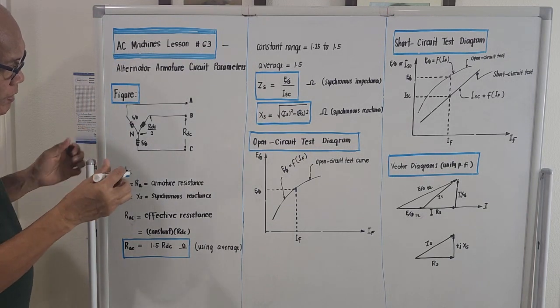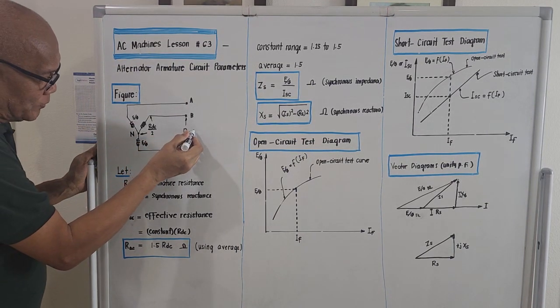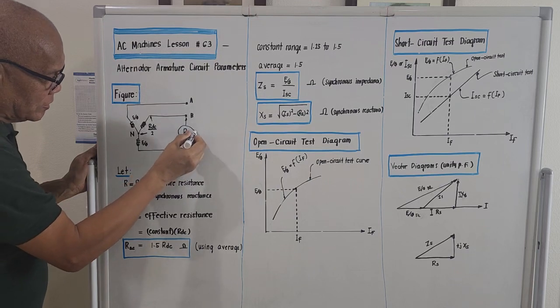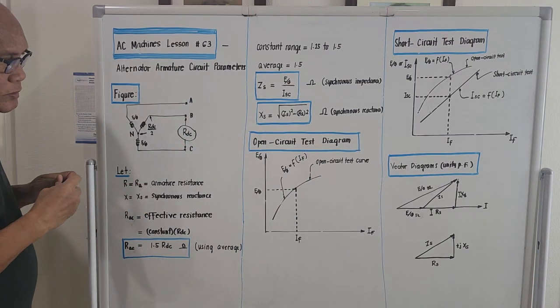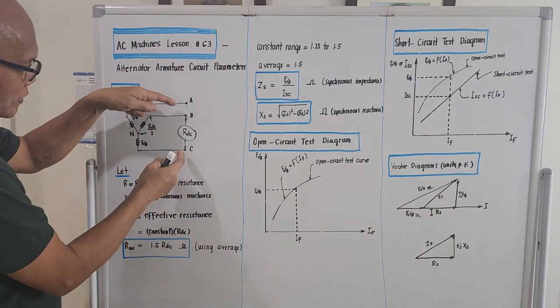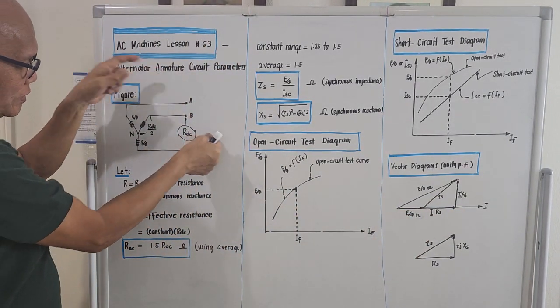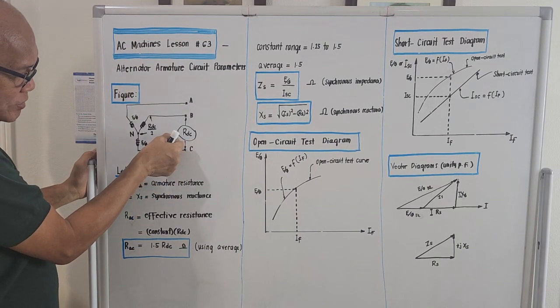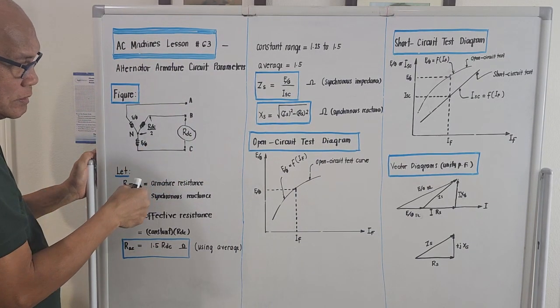And we must compute for R DC over here. If we try to compute for this voltage drop over here, we must determine the resistance R with the subscript DC, meaning resistance, direct current value.